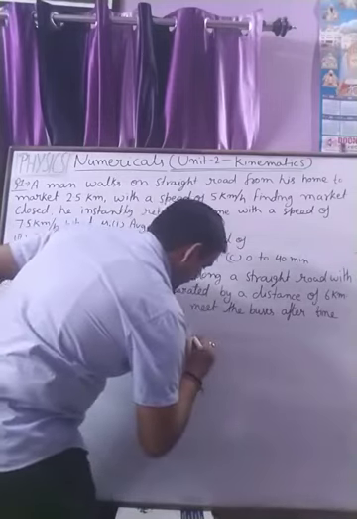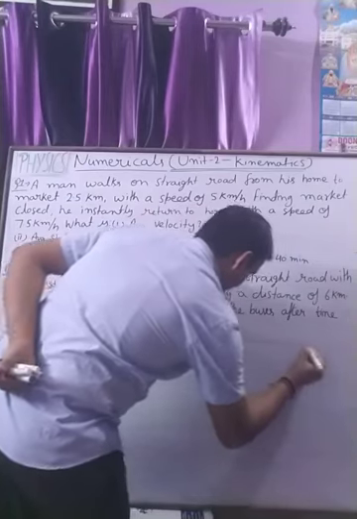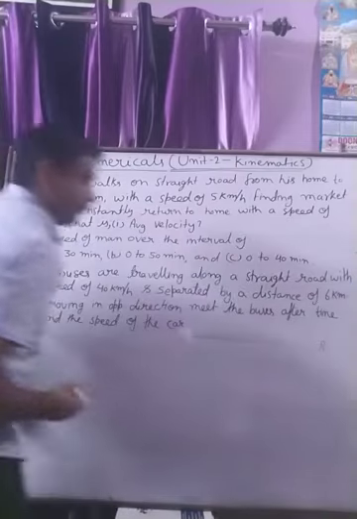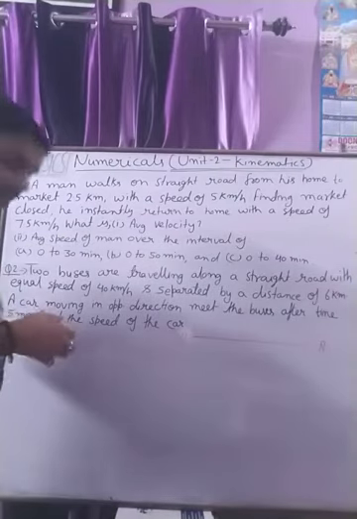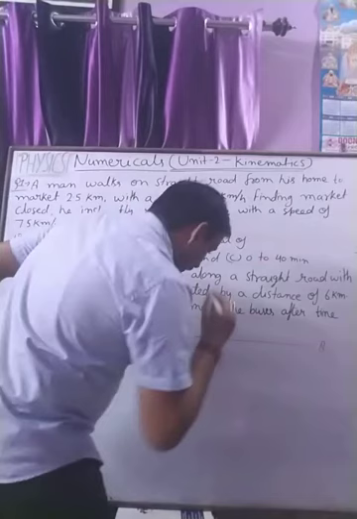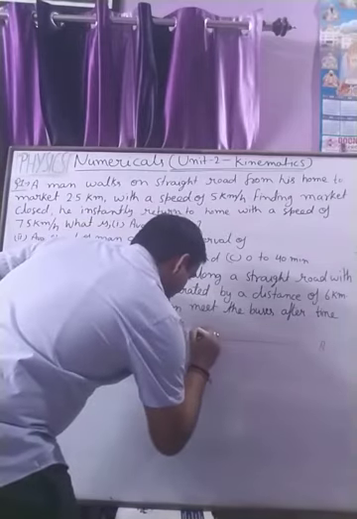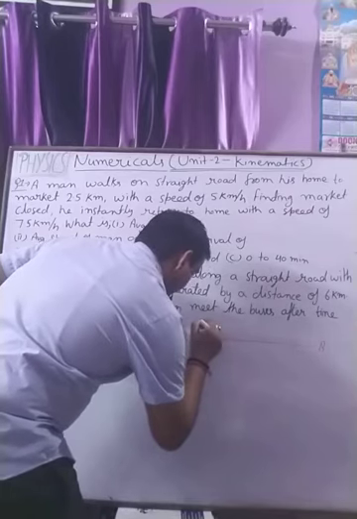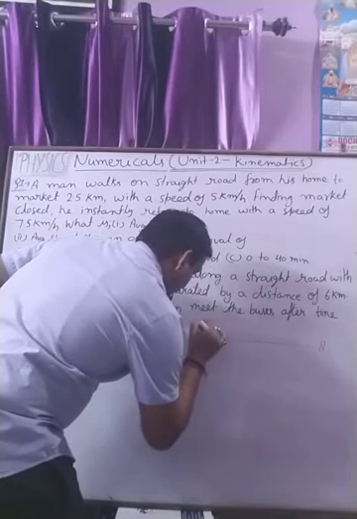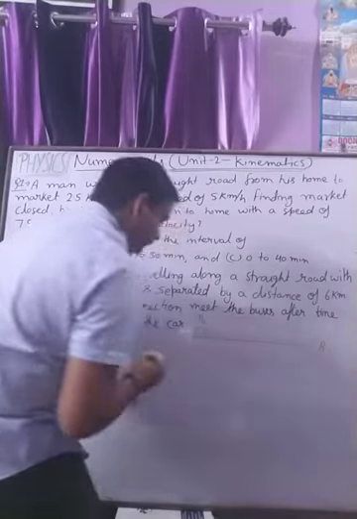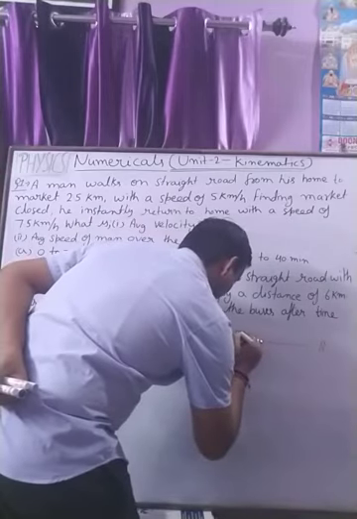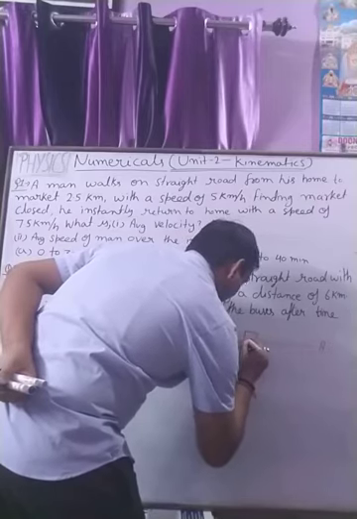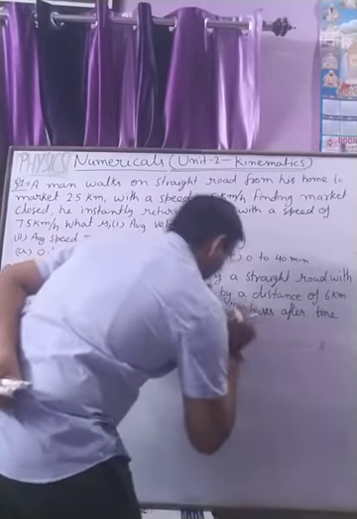This is a straight road, A to B. Okay, now the bus B1, and this is the second bus, say B2.